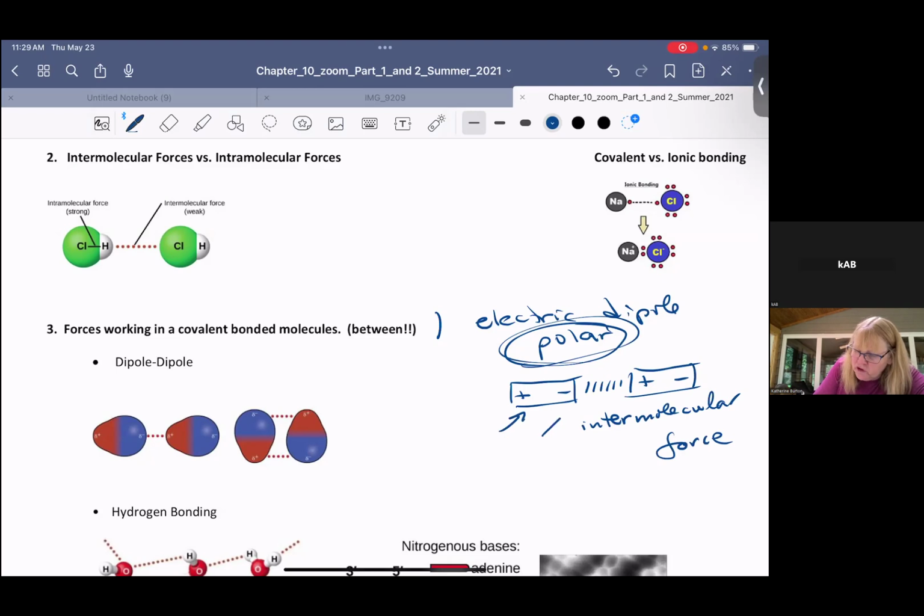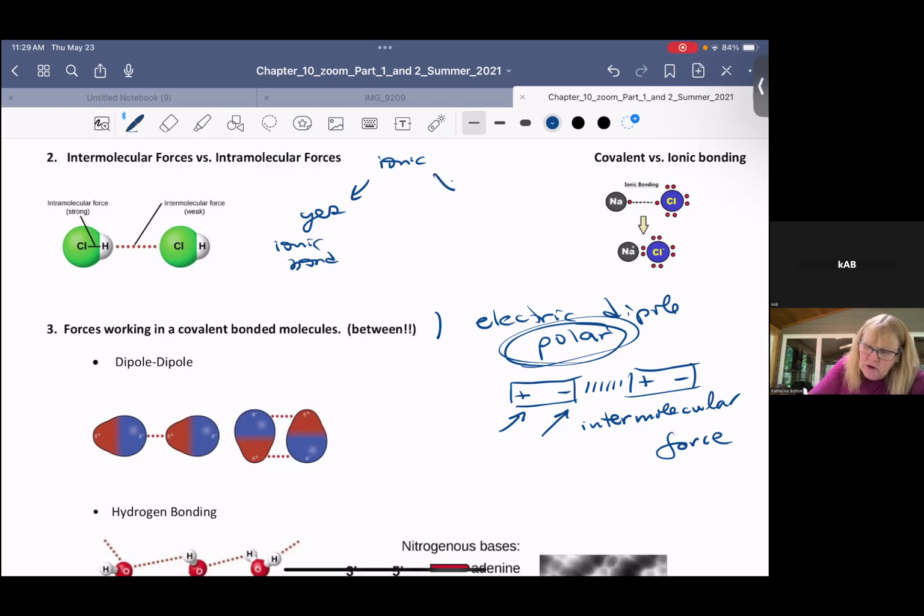As these charges go up, the strength of this intermolecular force is going to go up. So how do we determine nice, strong charges? We're going to do it by electronegativity. So step one, we're going to ask, is it ionic? If it's yes, it's going to have an ionic bond, and very, very strong forces sticking it together.